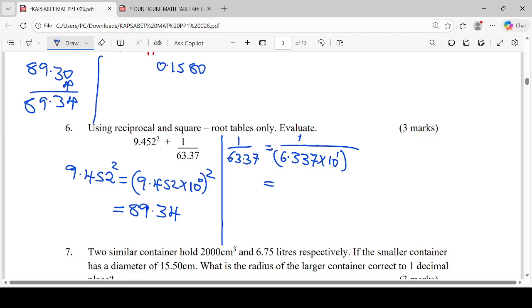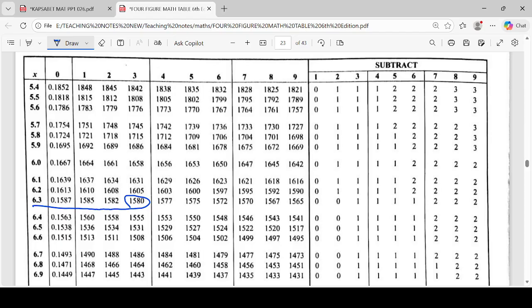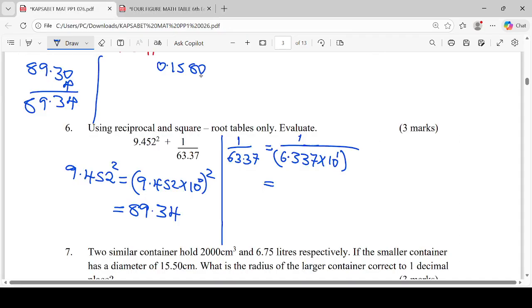After getting this 0.1580, then we have 7 pending there. So we are going to go along the same row to the column headed 7. That is 2. What are they saying here at the top? You subtract the 2. So let's subtract the 2. 0 minus 2 is impossible. We borrow 1. This will be 7.